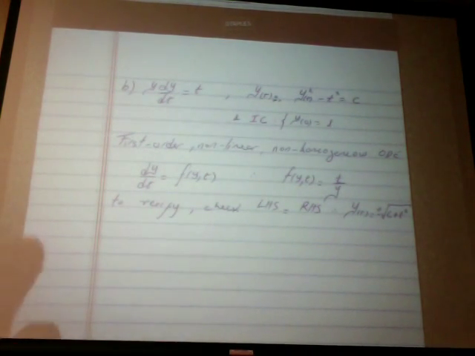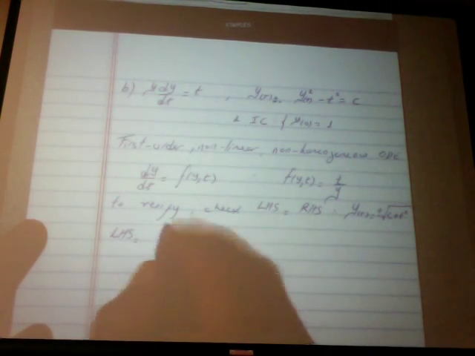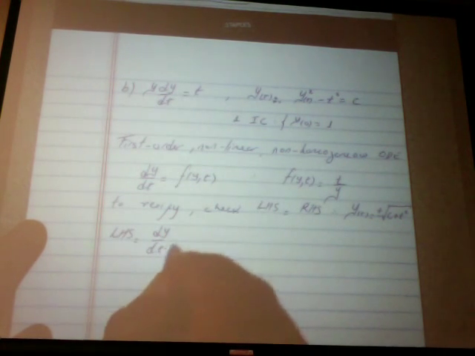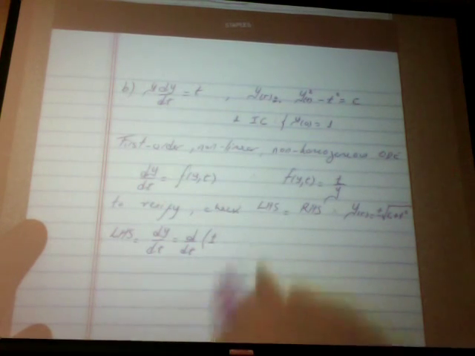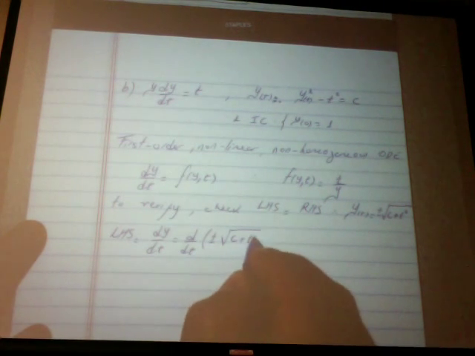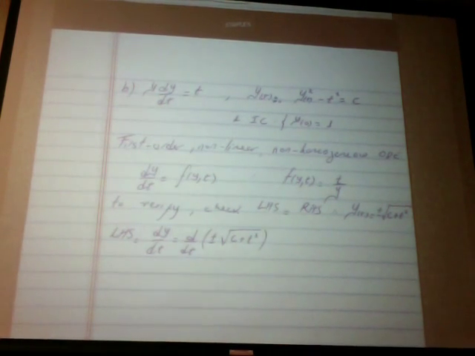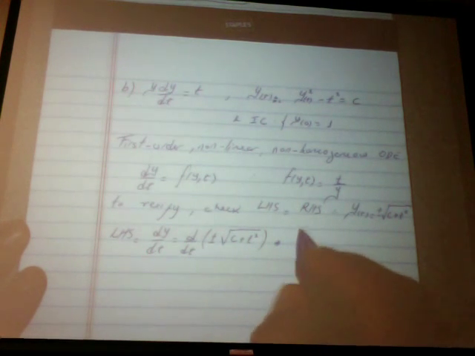All right, so the left-hand side is equal to dy dt, which is equal to the derivative with respect to time of plus minus the square root of c plus t squared. Again, this is an exercise of verification. We are given the solution, just to verify whether it is right or not. Okay, so what would be the left-hand side?